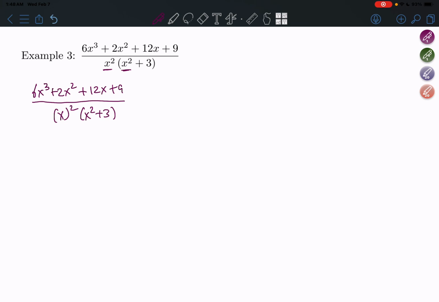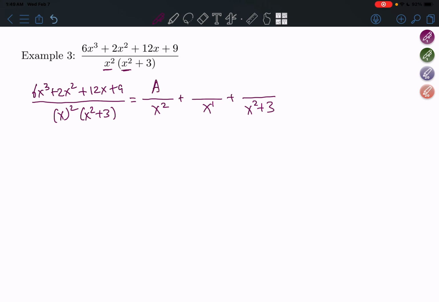It needs a factor for each one of its powers. So I'm going to have an x squared term, and then an x term, where x is the first term, if you will. And then, finally, an x squared plus 3 term. Again, it says x squared, but we remember that's x repeated twice, so the factor is still linear and I just need one letter.